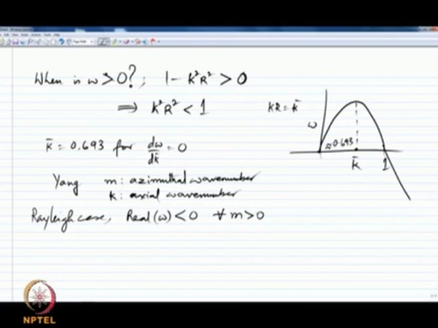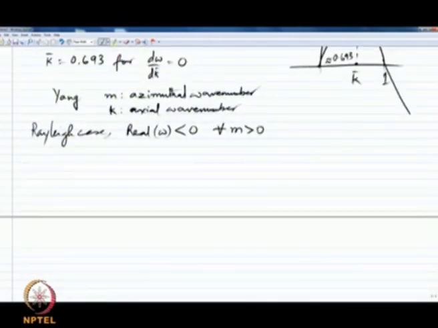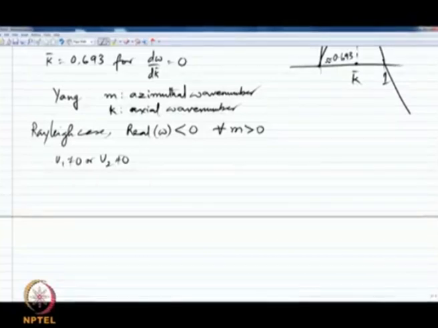Now, this is not the complete Yang analysis, this is still the case where rho 2 is 0 and u1 and u2 are 0, which is what we called the Rayleigh case. But if u1 is not equal to 0 and u2 is not equal to 0, then it may not necessarily be true that all the azimuthal waves are unconditionally stable.